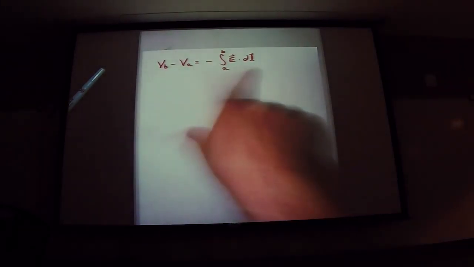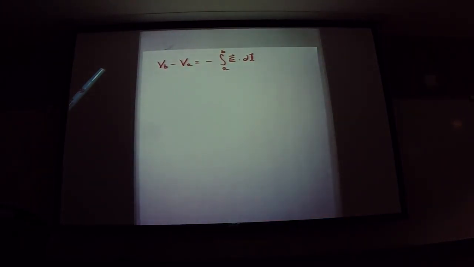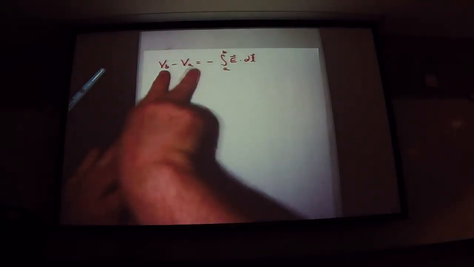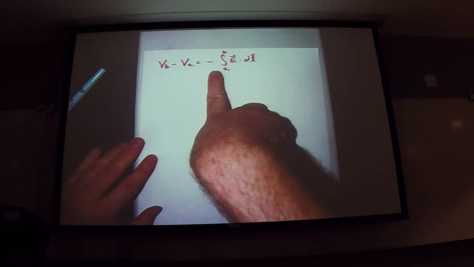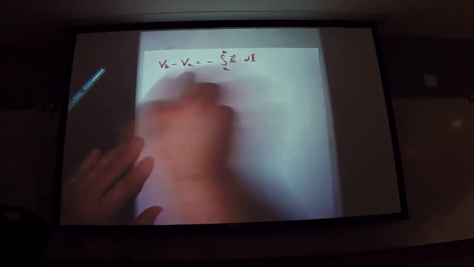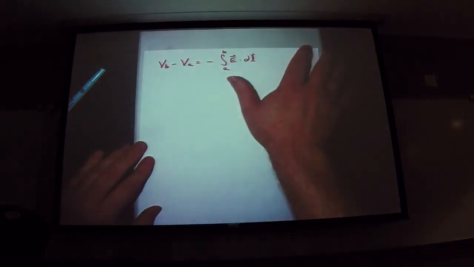I like this formula slightly better than the one that the book gives you. The book does one more thing to this formula. The book takes these two things and reverses them and gets rid of that negative sign, because basically they multiply through by a -1 here.